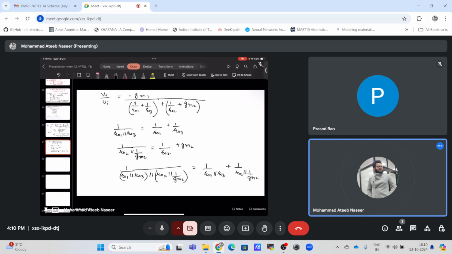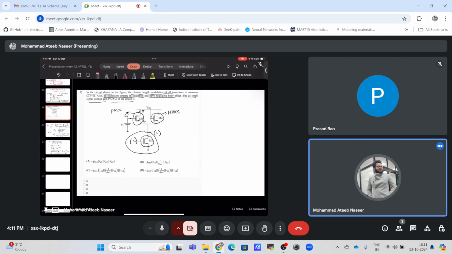So V0 by Vi is simply minus GM1 times R01 parallel R03 parallel R02 parallel 1 by GM2. That's what it is. Option C is the correct option.